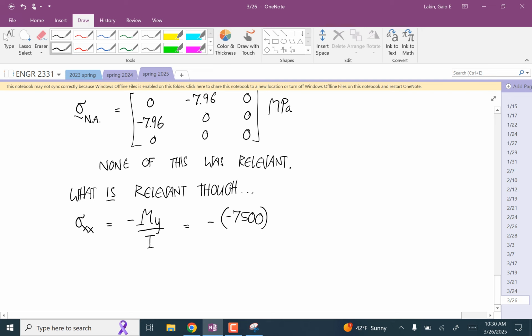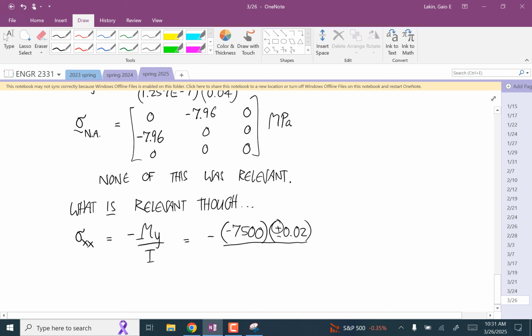Our y, since we're looking for an absolute value, it doesn't matter which one we use. What is the biggest value of y that you can get on this cross-section? 0.02. 0.02, yep. You start at the neutral axis and go either up or down. So this is plus or minus 0.02. I'll choose the positive, just keep everything positive. And then our I, well, we did calculate that.